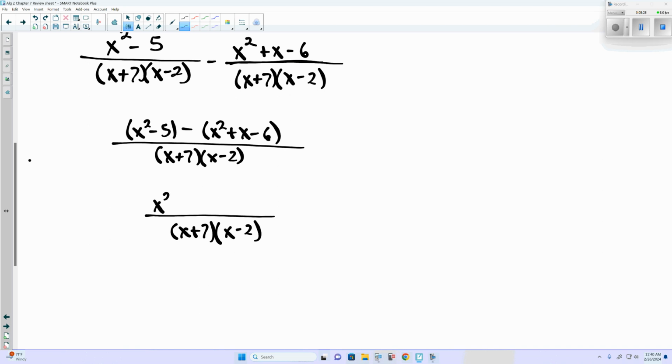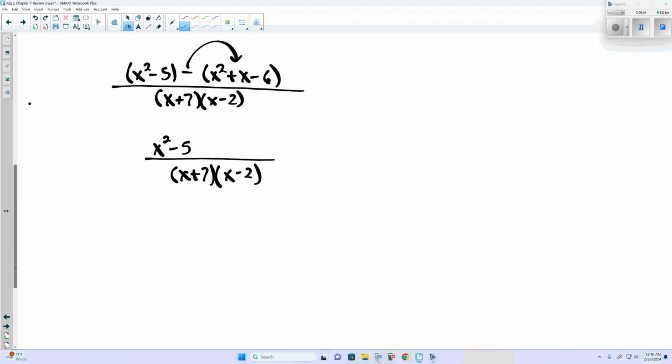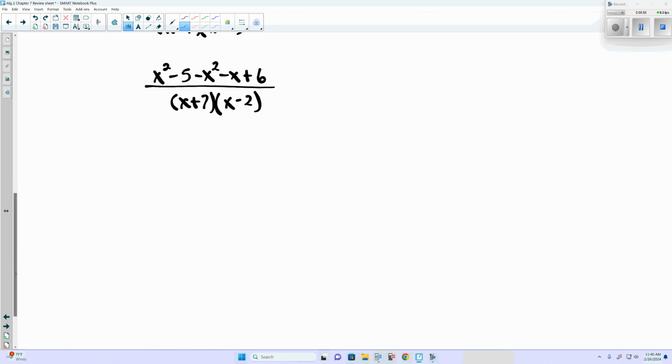The x squared minus 5, signs don't change because the sign in front of it is a plus, so we're not changing any of the signs with it. But we do have to apply this negative to every term in this set of parentheses. So our positive x squared becomes negative x squared. Our positive x becomes negative x. And our negative 6 becomes positive.